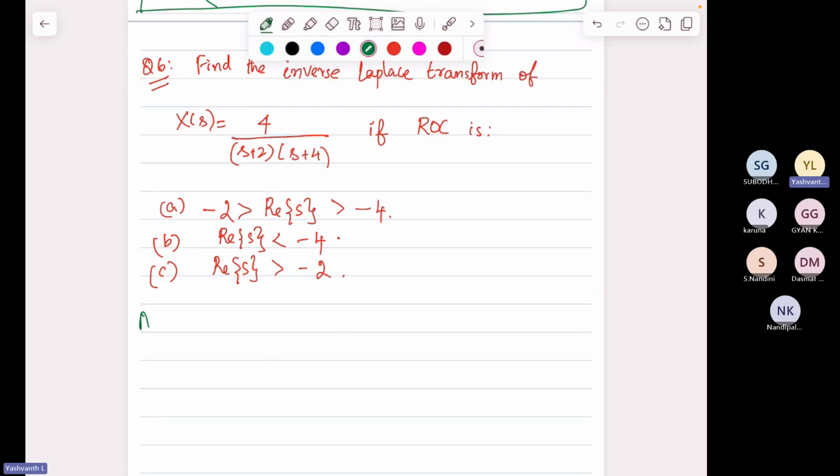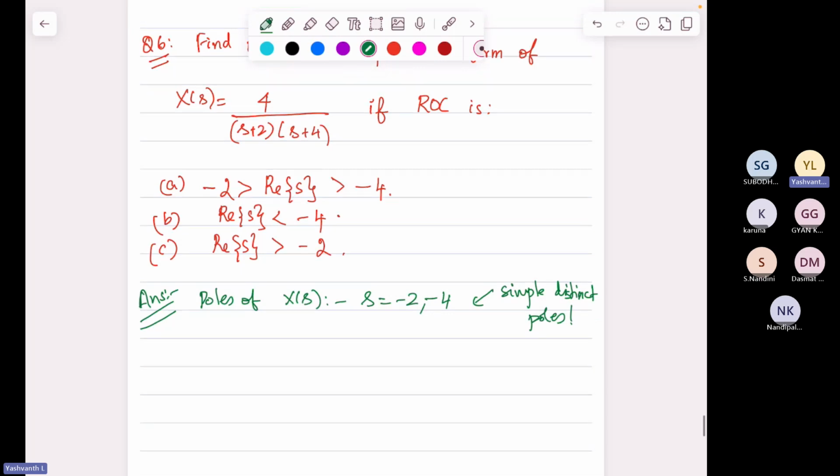Answer. First step is again to represent the given Laplace transform in partial fraction expansion. So poles of x of s occur at s is equal to minus 2 and minus 4. Both are simple distinct poles because each occurs only once, with the factor exponent 1. It doesn't come as (s plus 2) whole square, just (s plus 2).